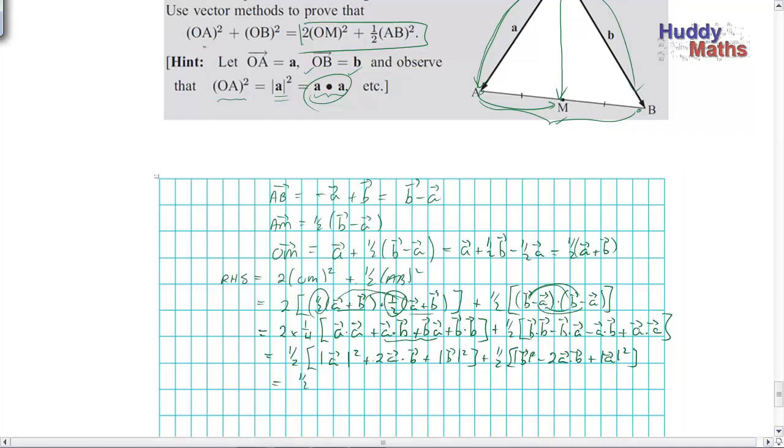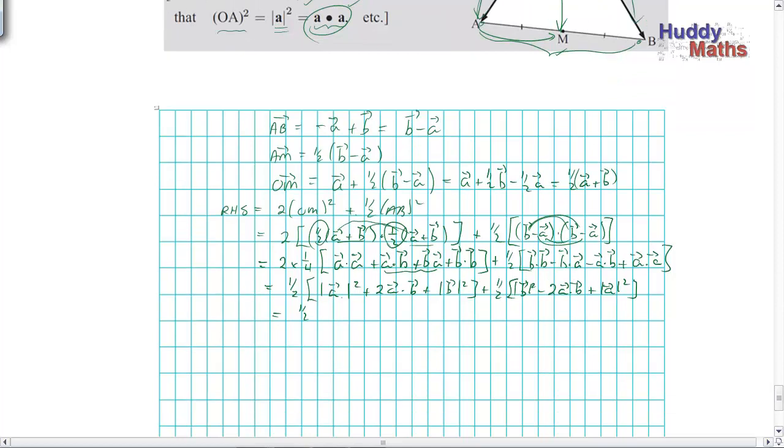It's half now. So it's a half length of A squared plus a half of this, which is just one lot of A dot B, plus a half length of B squared, plus in this bracket a half length of B squared, half by -2, -1 A dot B, plus a half length of A squared.